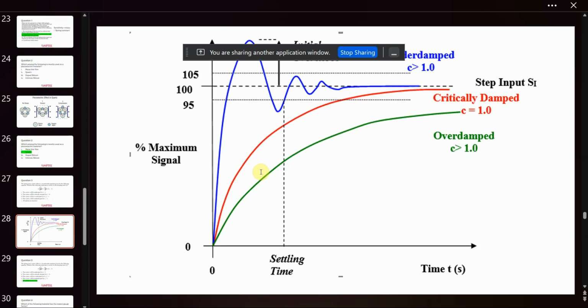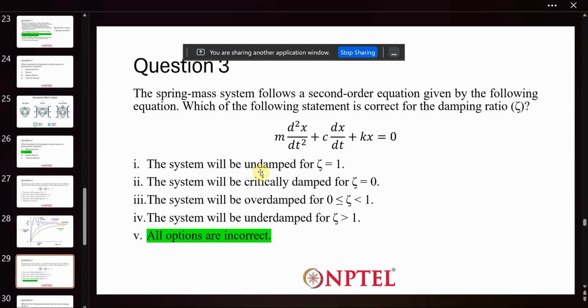If eta is greater than 1, it is called an overdamped system, and if it is less than 1, it is called an underdamped system.